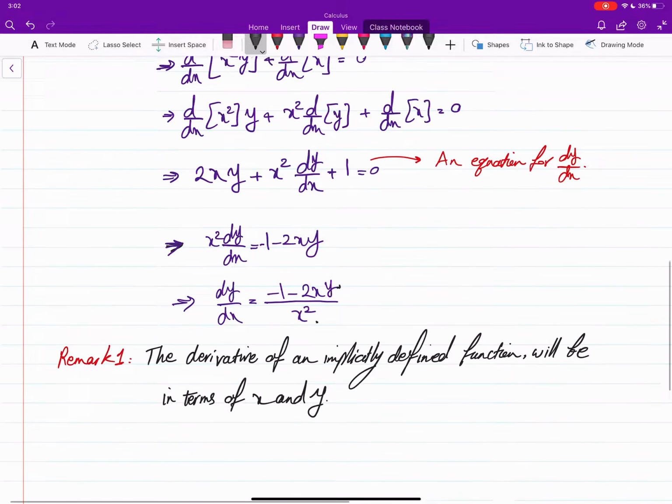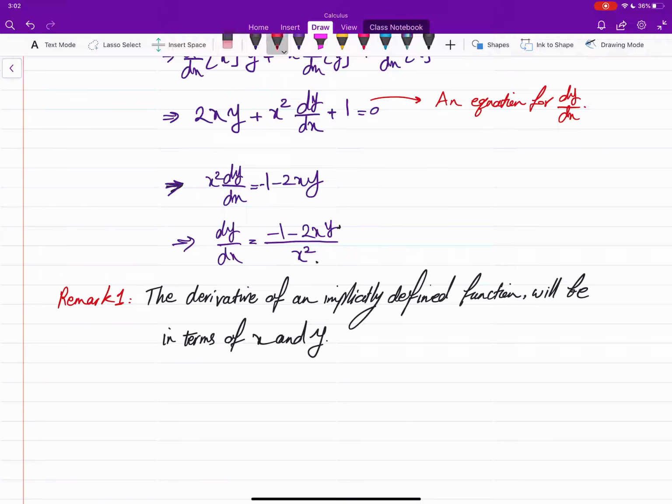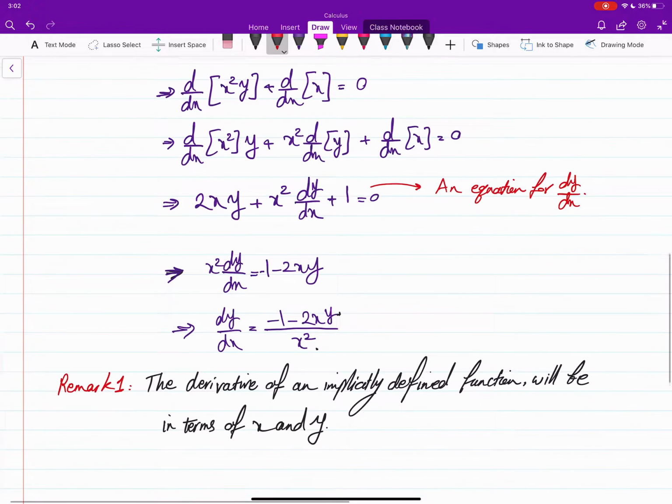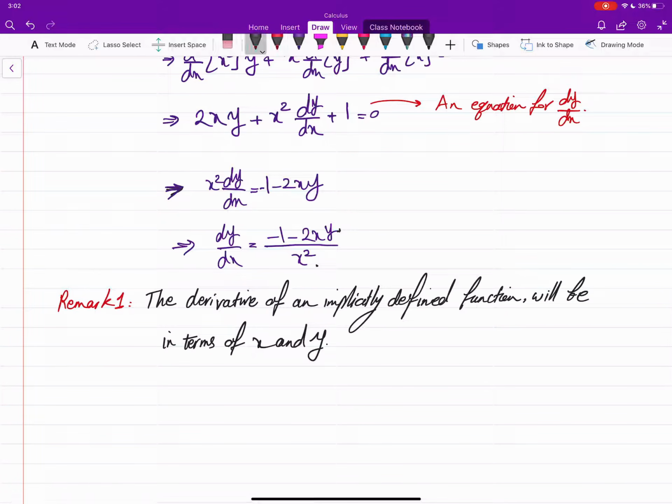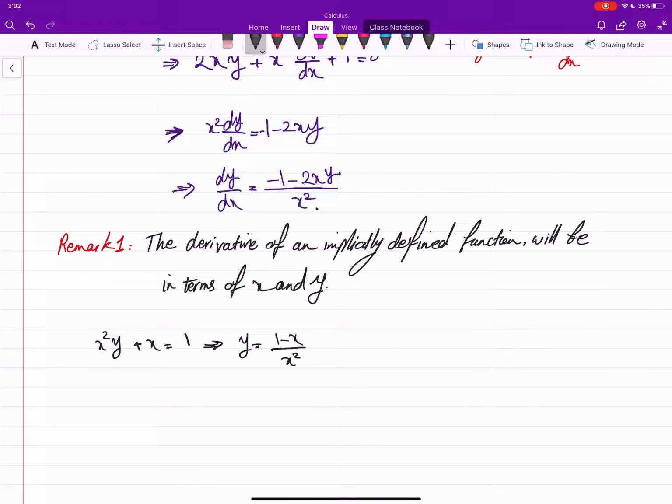Another thing is that the function that we started with, we can differentiate that one. The function we had here was x squared y plus x equals 1. We can find y through this, 1 minus x over x squared. And then we can differentiate this.